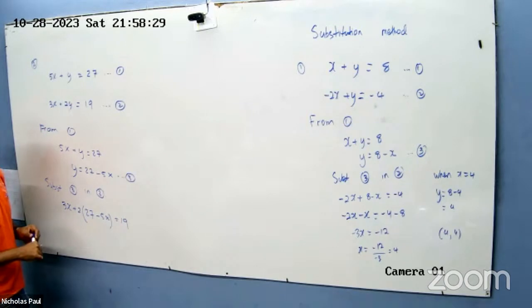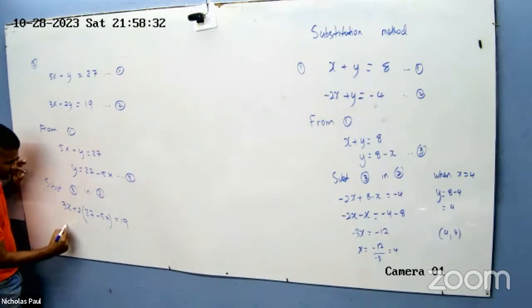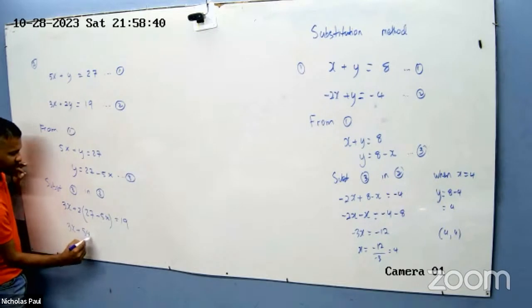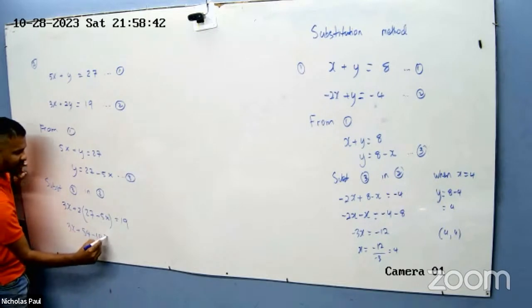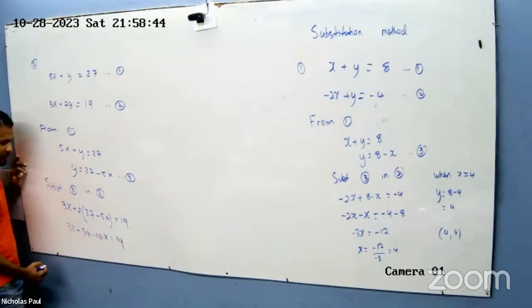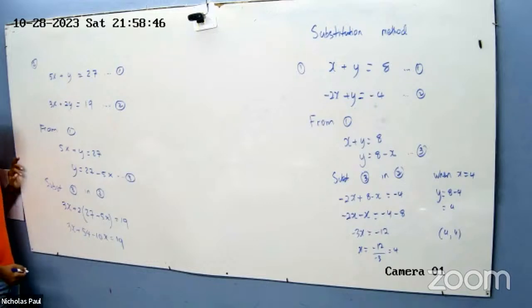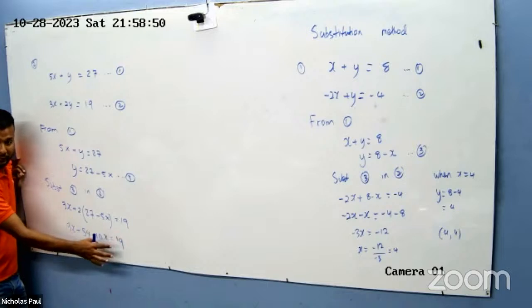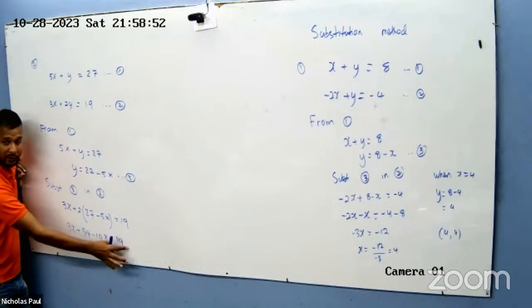Now you multiply it out, you'll get 3x plus 54 minus 10x is equal to 19. What's the next step? Bring the like terms together. Bring the x's together, bring the numbers together.